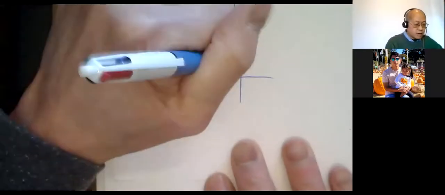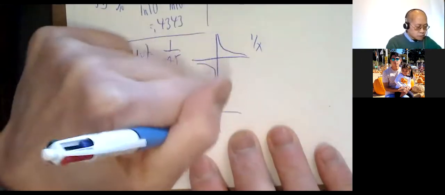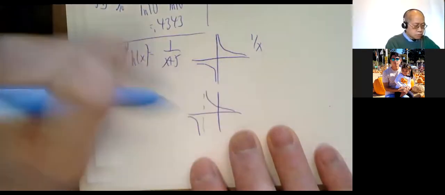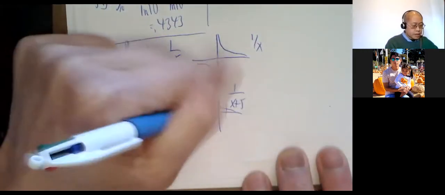So if I do a quick graph of 1 over x plus 5, we know this is 1 over x. For 1 over x plus 5, I move the graph 5 units to the left. So it looks like that. It's 1 to 1. Therefore, it has an inverse.